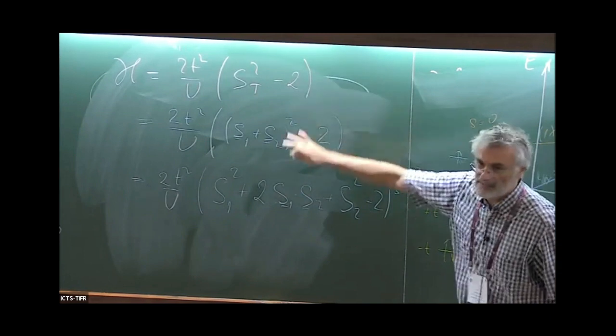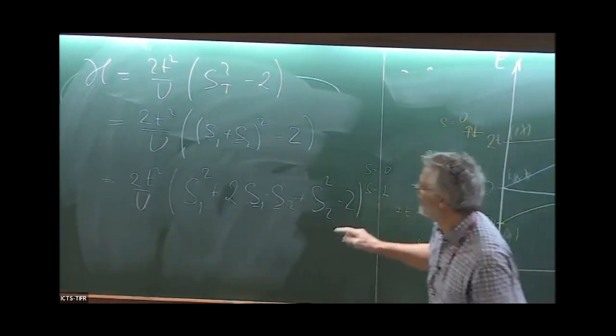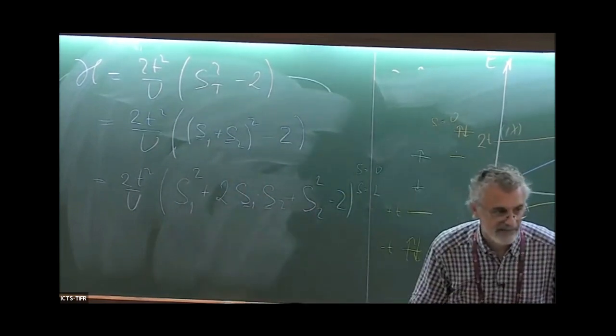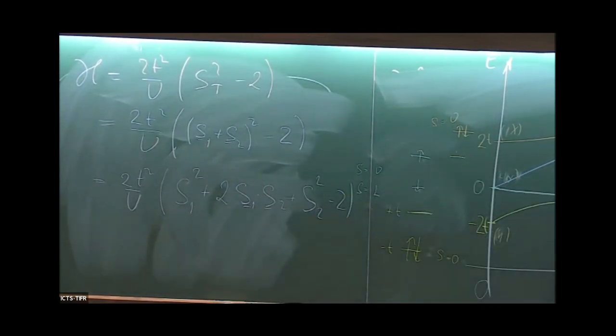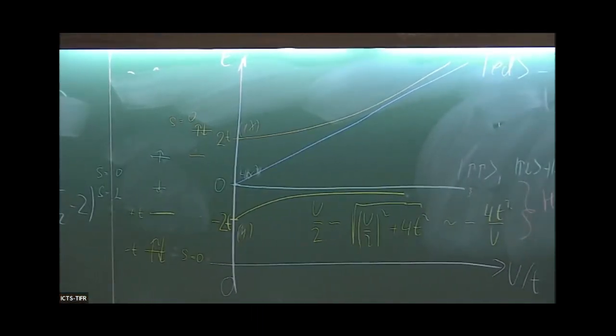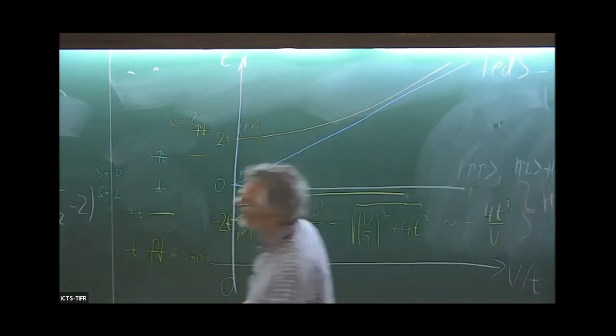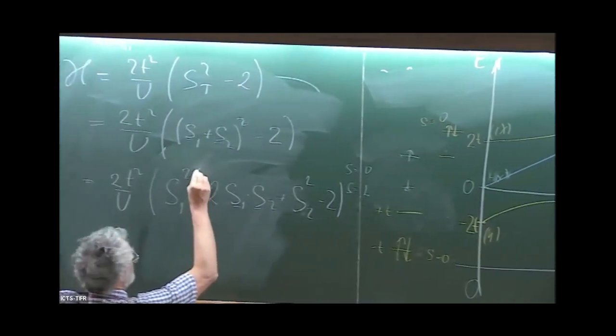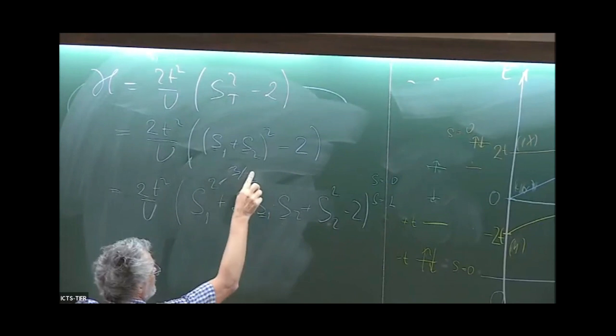I'm just rewriting this full square. If we apply the S1 squared to spin 1/2, then S times S plus 1 for spin 1/2 will give 3/4. 1/2 times 3/2 is 3/4. So this here is equal to 3/4 plus 3/4, which is 3/2.